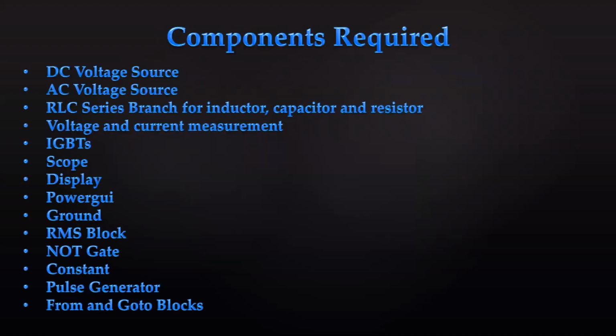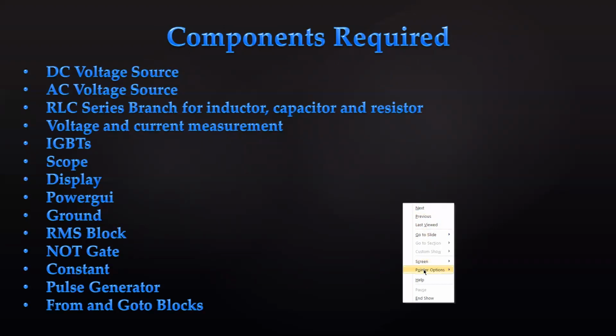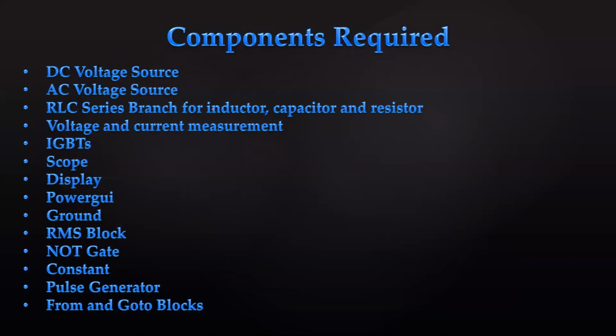So what all things do we need? These are the components that we need to make this matrix converter. DC and AC voltage sources, so we are taking both of the sources. I'll show you how to control them, and when and how to use AC and how to use DC, right?